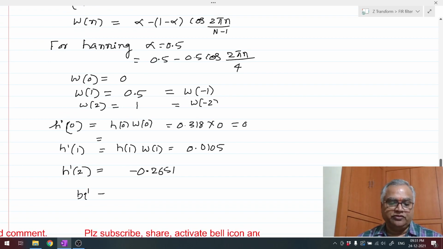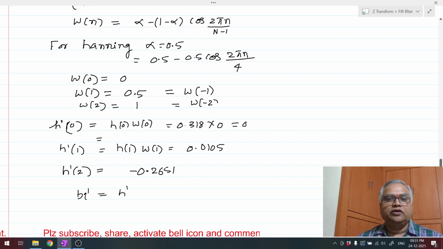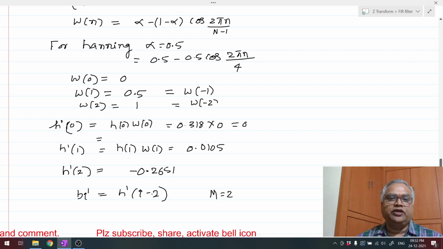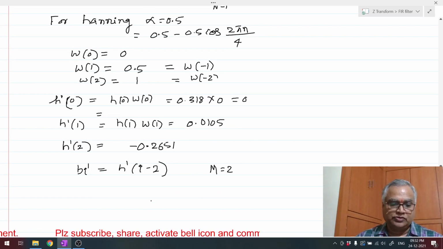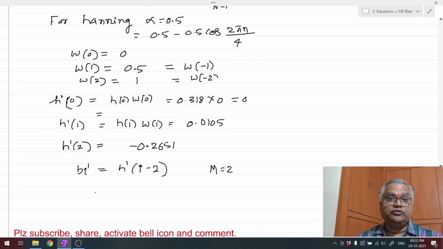The next step is b prime, equal to h prime of i minus m. So m is 2, so h prime of i minus 2. This we have to expand. So what is b0 prime?